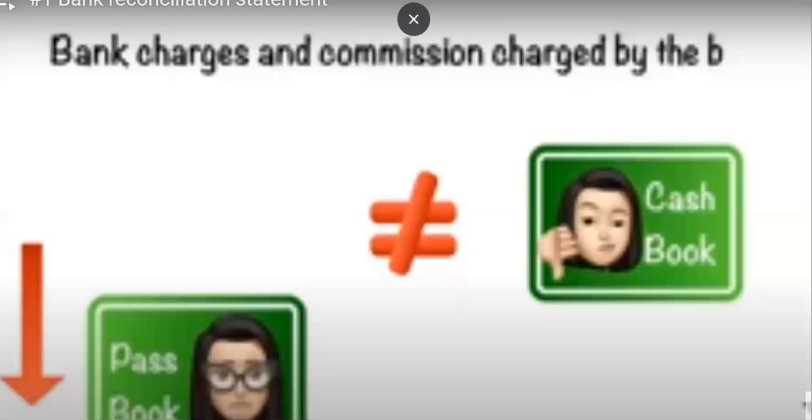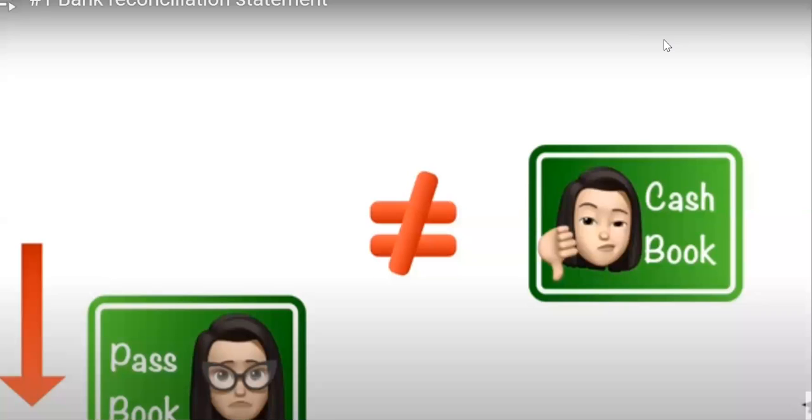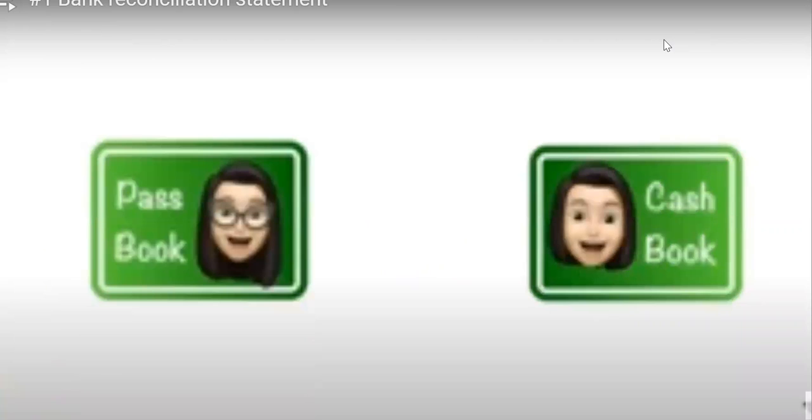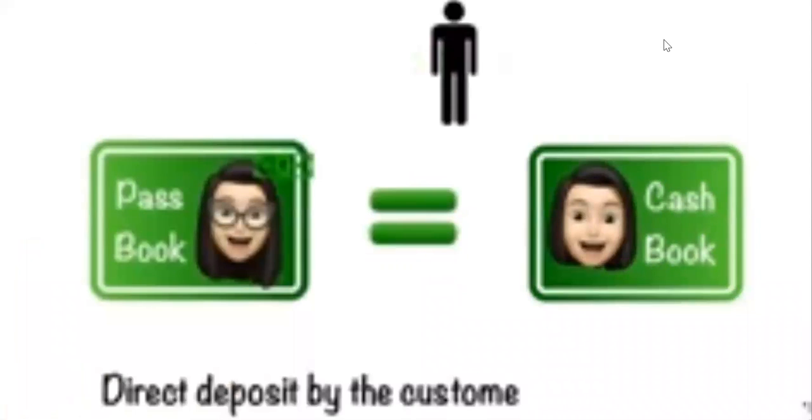Now the next character, bank charges and commission charged by the bank. Once again, I repeat: bank charges and commission charged by the bank. Under this character, the passbook amount is decreased. At the same time, the cash book remains the same. The next, direct deposit by the customers into the bank.